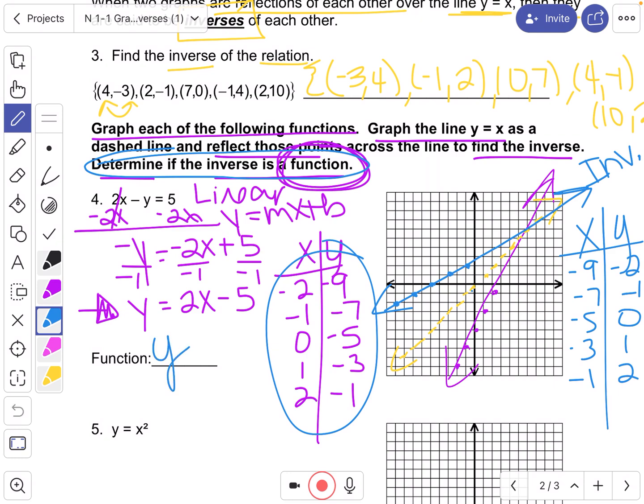So yes, the inverse is a function. Anytime you have a linear, straight line, it will always be a function. All of your x's are different on a linear function. You can use the Desmos app or you can use your calculator at home if you have one.